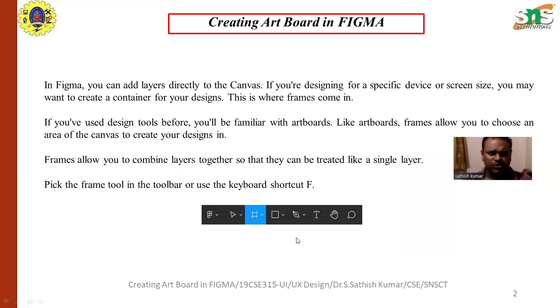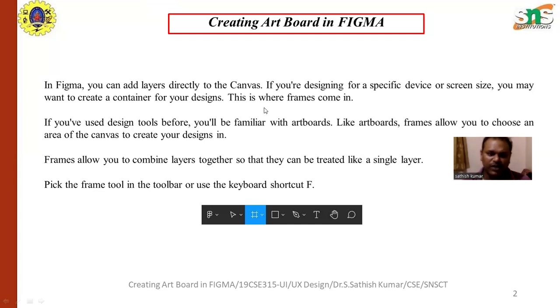In Figma, you can add layers directly to the canvas. Each frame can be a layer, and we can implement it directly in the canvas. If you are defining a specific device or screen size, you may want to create a container for your designs. This is where frames come in.